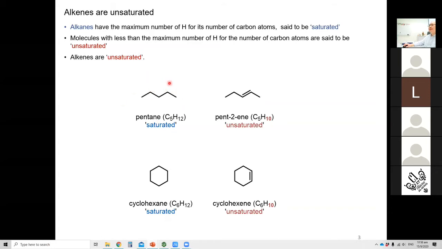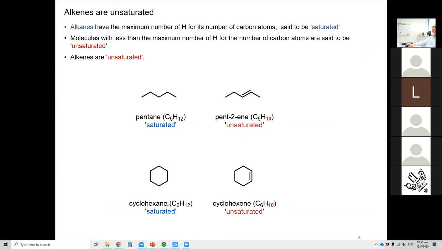So we say pentane, for example, and also cyclohexane are saturated molecules. But molecules with less than the maximum number of hydrogens, for example, this carbon could have 2 hydrogens but it forms a double bond, so it does not have the maximum number of hydrogens. So we say these alkenes are unsaturated. All right, and all the alkenes are unsaturated.